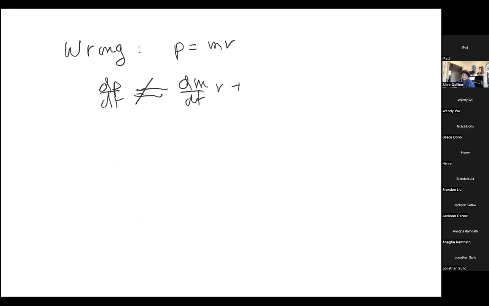Let me write down what's really wrong. p is equal to mv, and dp/dt is not this. If you use this to try and figure out what's going on, you're going to get the wrong answer. I remember doing this by mistake. So this is not right.